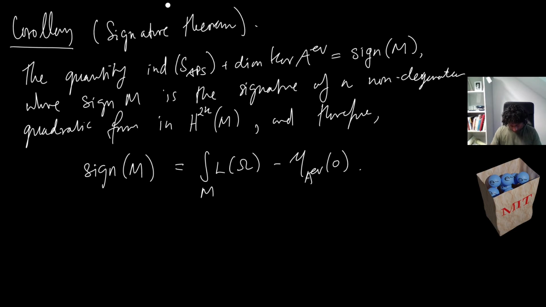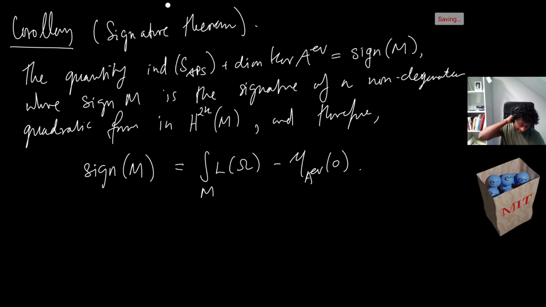I don't want to get into the nuts and bolts of it because it involves a certain thing called the cup product in the relative homology groups, and I don't want to really get into it. But the point is that it's a signature of a non-degenerate quadratic form. So a priori, it doesn't involve any operators or boundary conditions or anything like that, right? So it's really living at the level of the topology.